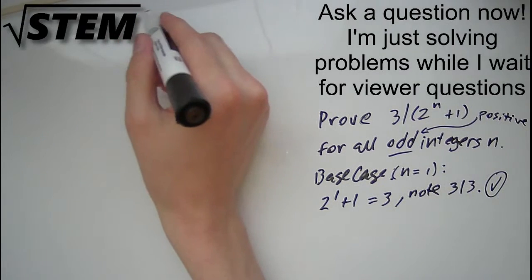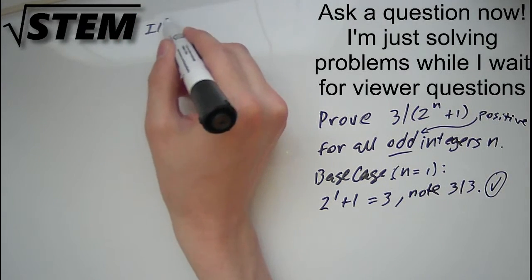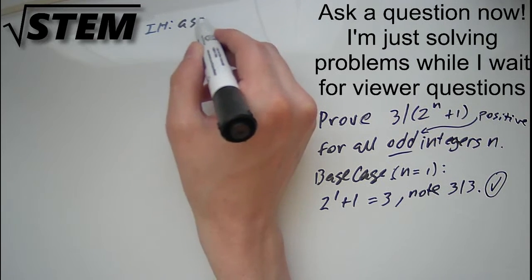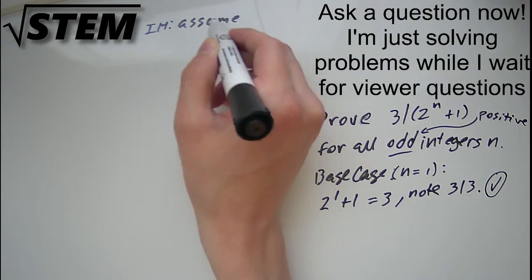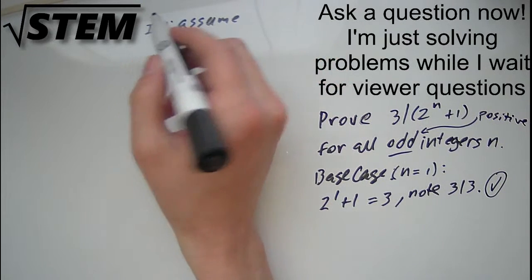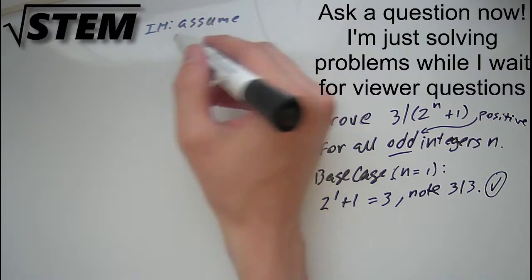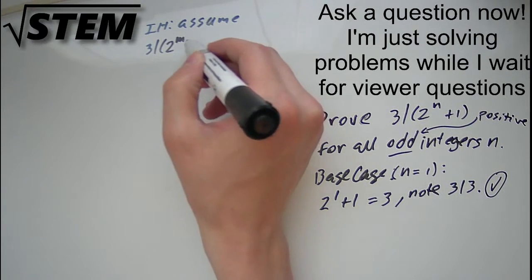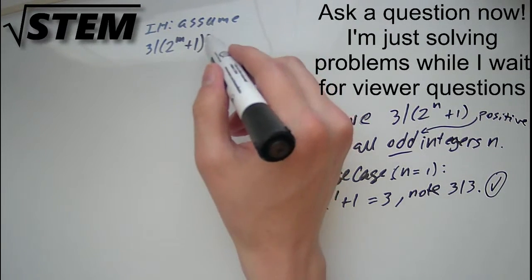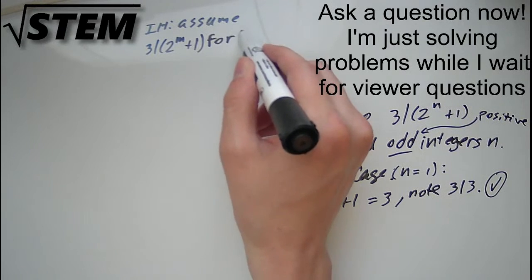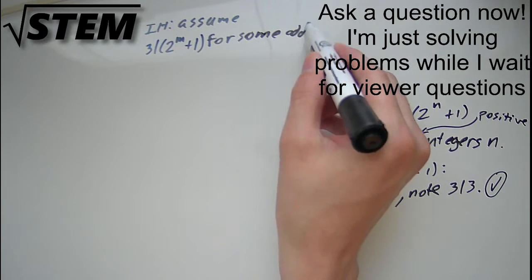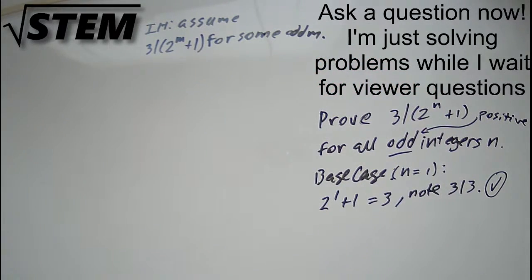Alright, now let's do our inductive hypothesis. We're going to assume that 3 divides 2 to the m plus 1 for some odd m, still positive.